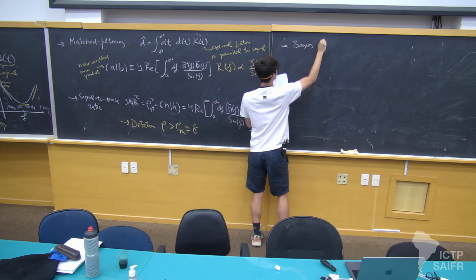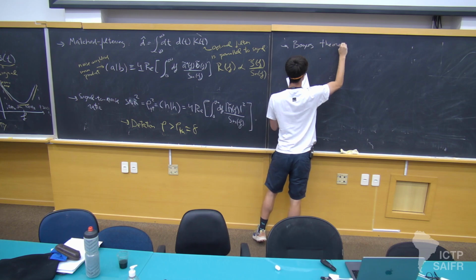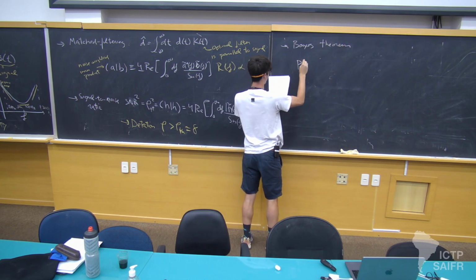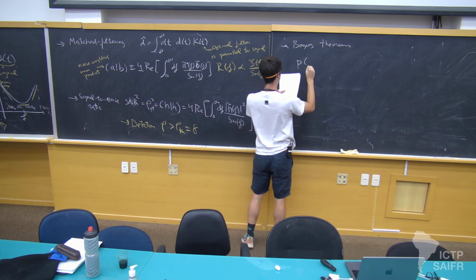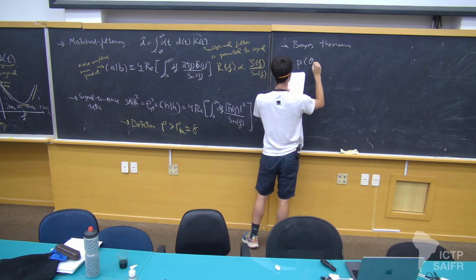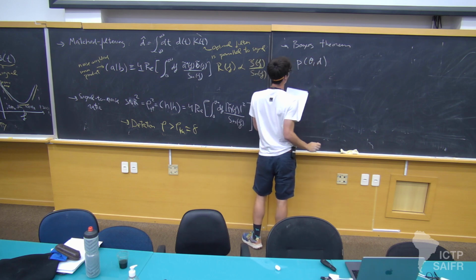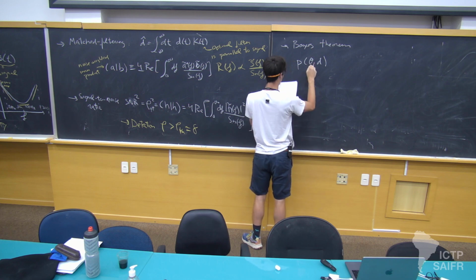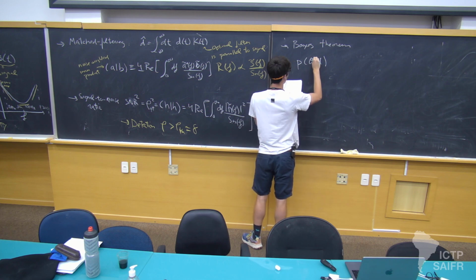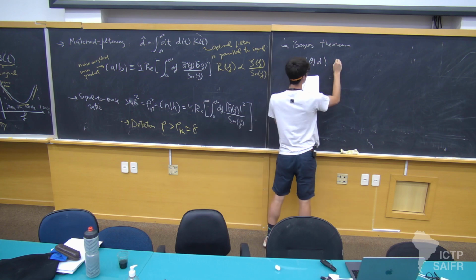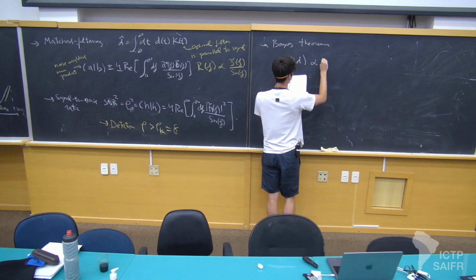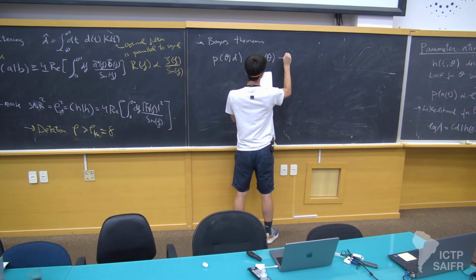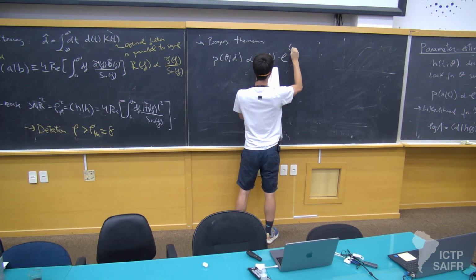For those who have not heard about it, I recommend Wikipedia is useful here. But essentially, you want to compute the posterior distribution of some parameters given the data, and this is going to be proportional to this function that I will explain in a second, times our likelihood.